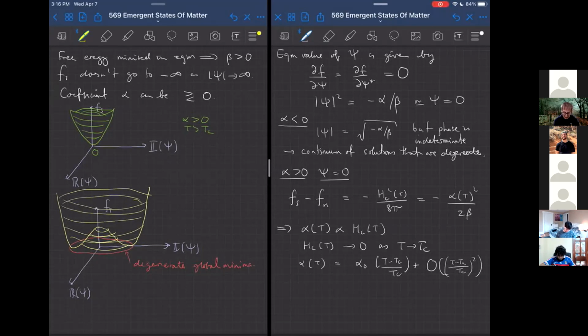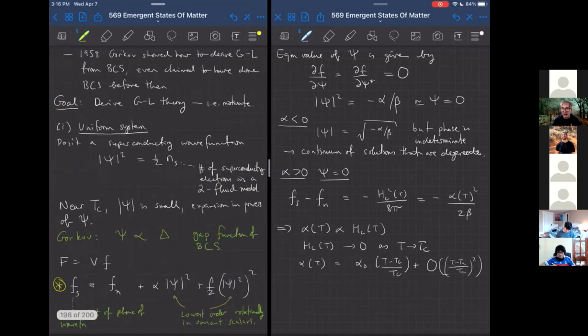As is always the case in these second order phase transition problems, the coefficient of the quadratic term scales linearly with the difference between the critical temperature and the temperature that you're at. Okay, now somebody asked about spatial gradients, so let's finish off today's lecture by putting in the spatial gradients.